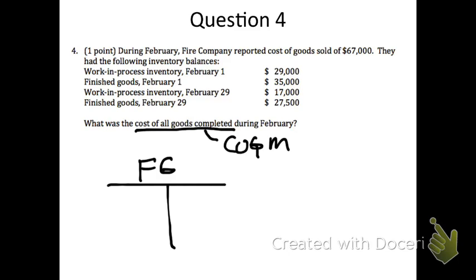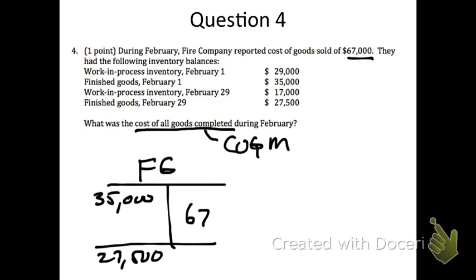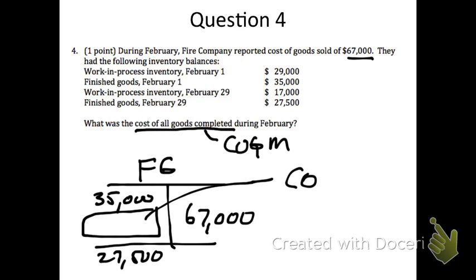And finished goods beginning of February is 35,000. Finished goods at the end of February is 27,500. We know that cost of goods sold was 67,000, so we know that that is a credit, and the only addition to the finished goods is going to be cost of goods manufactured.